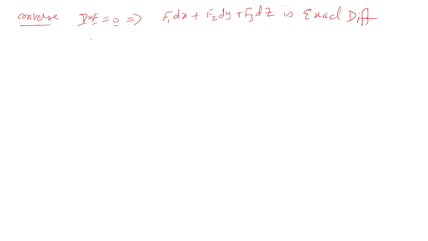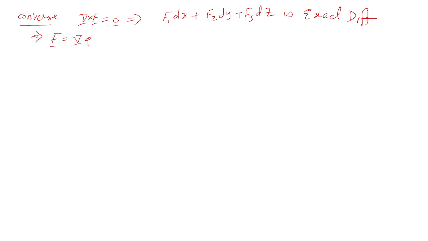If curl of F is 0, that implies it is conservative, and F can be put in the grad phi form.